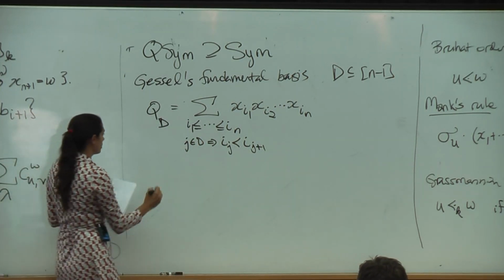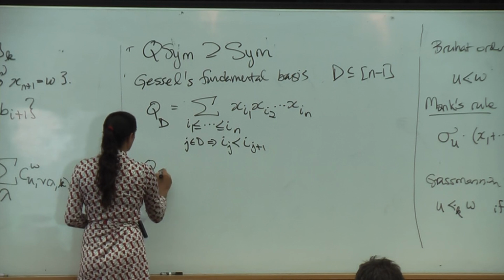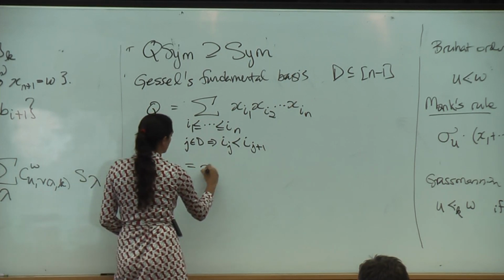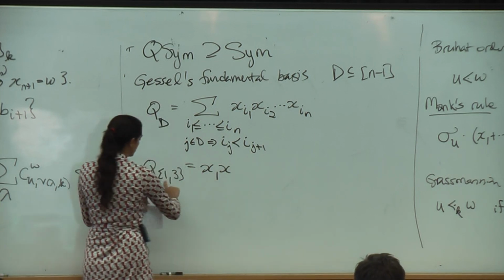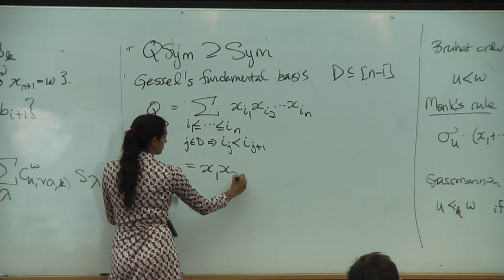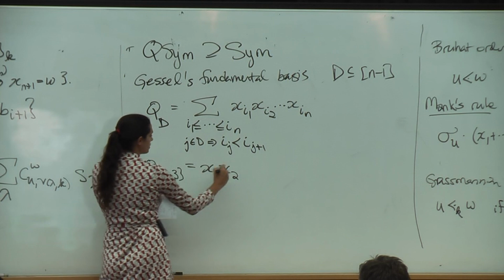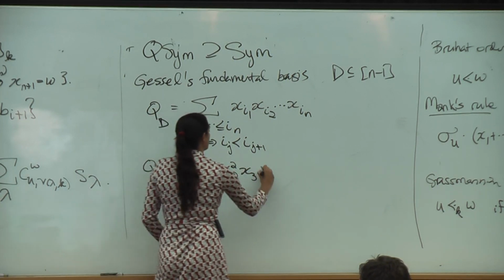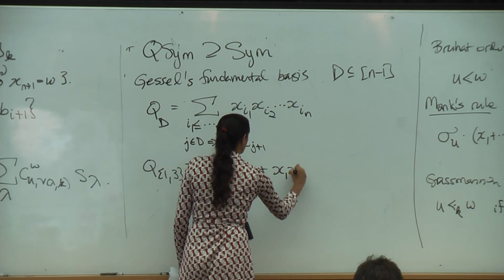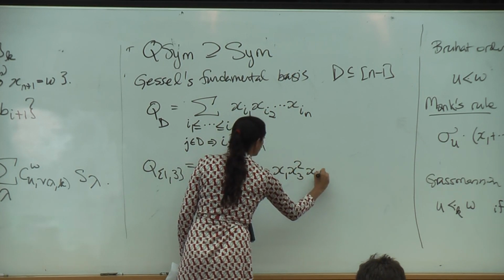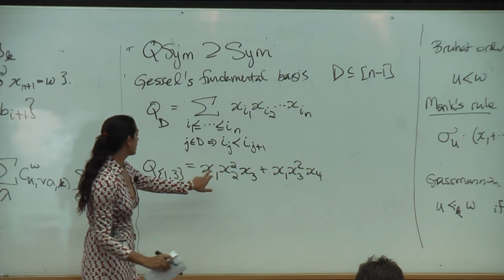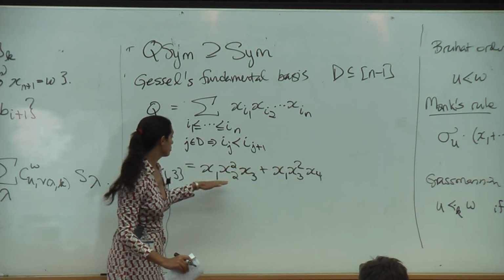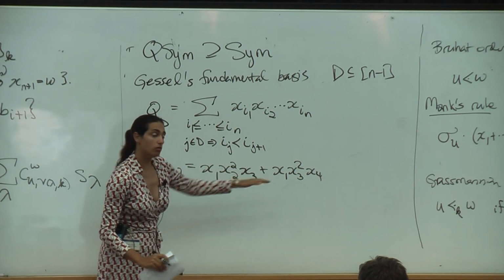So for example, Q13 is equal to x1, x2, x3, because 1 is in there, so the next one has to be bigger. It could be x2, but 2 is not in there, so those could be the same. And then you have to jump again, x3. Plus x1, x3 squared, x4, say. Basically I can keep the exponents 1, 2, 1 and just keep shifting my numbers up, so that the indices just get bigger as you go.